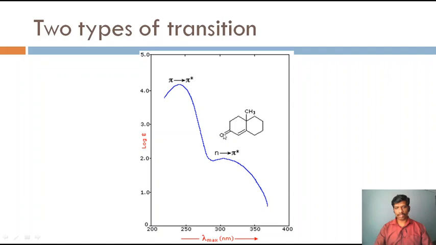For 217, this is the chromophore, alpha beta unsaturated carbonyl. Here ring residue, here ring residue, here ring residue, carbonyl you can make. And you can show a pi to pi star transition, only n to pi star and pi to pi star transitions. Since we know the molecule, we are able to explain all these things. This much explanation you can give.